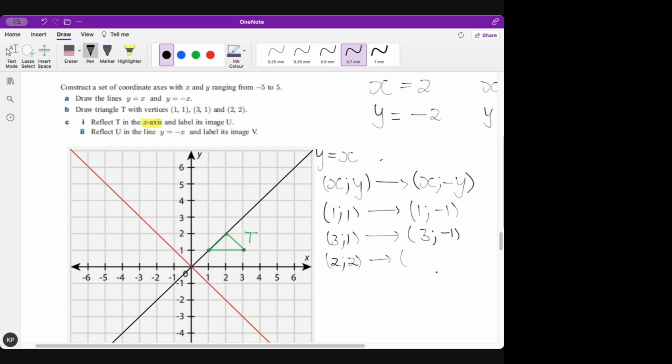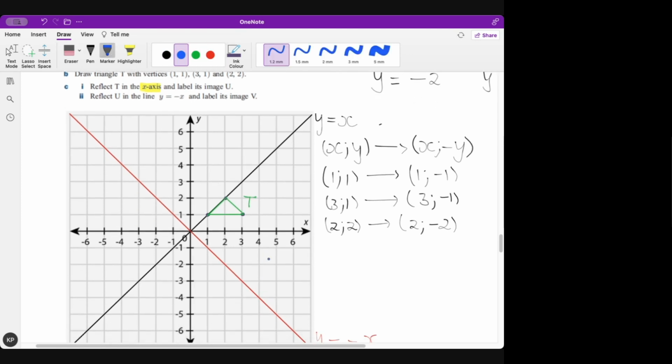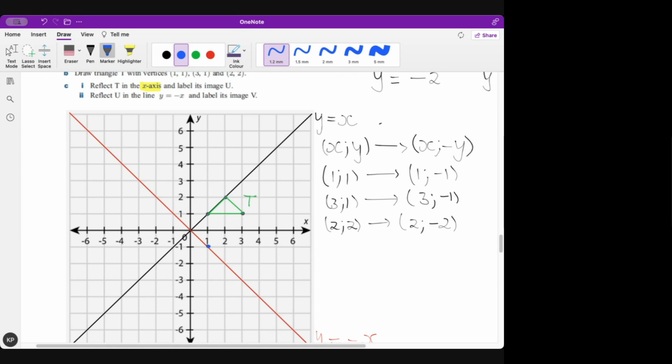What are my new coordinates that I've reflected? 2 with negative 2. Great. Now let's draw in our new triangle. So I have 1 with negative 1, that would be over there. 3 with negative 1, that would be over there, and 2 with negative 2 over there.